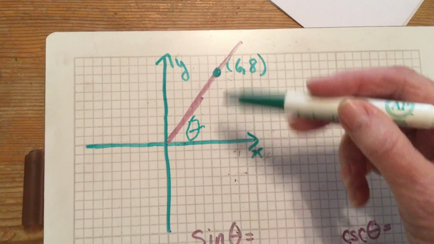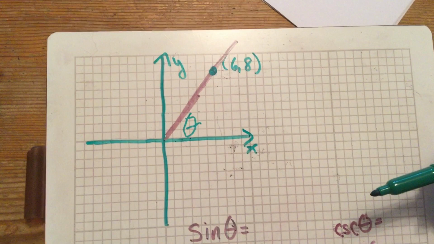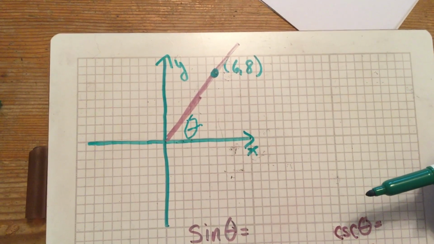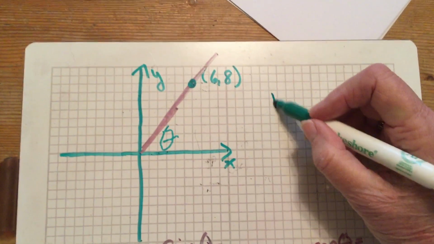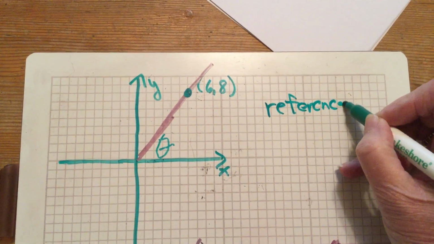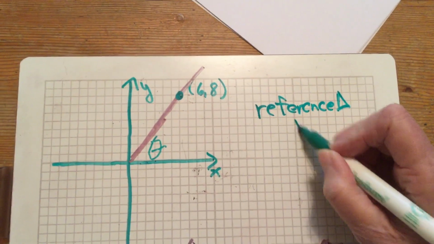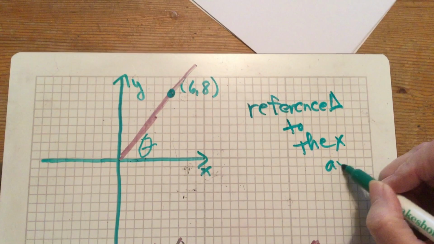All right, so let's see. If I have a right triangle, I know I can use SOHCAHTOA. Well, let's make a reference triangle. A reference triangle is always made to the x-axis.